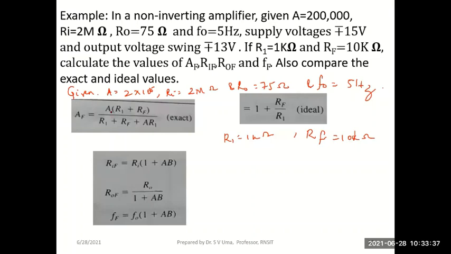AF is A into R1 plus RF divided by R1 plus RF plus AR1. This is the standard expression for gain in a non-inverting amplifier. Right? You remember we wrote that as AF as A divided by what? AR1 plus R1 plus RF. Same equation. Okay.